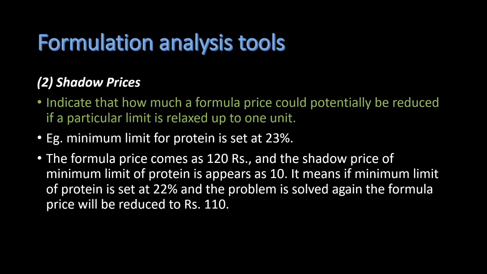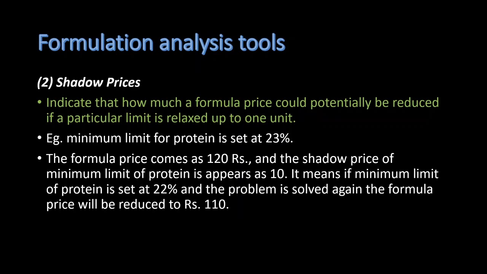So we can have another example for this. Consider a situation where the maximum limit of inclusion of a feedstuff is set at 40%. For example, if we set the inclusion level of corn at 40%, when the problem is solved, the formula price comes as 80 rupees and the shadow price of the maximum limit of corn appears as 1.75.